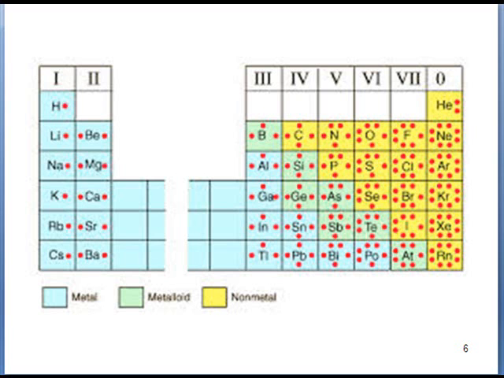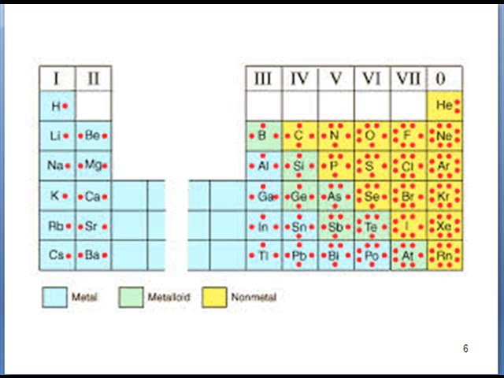You'll notice that in blue, those atoms are going to have a tendency to want to lose their electrons and thereby gain a charge of plus. We call that grouping of atoms metals.